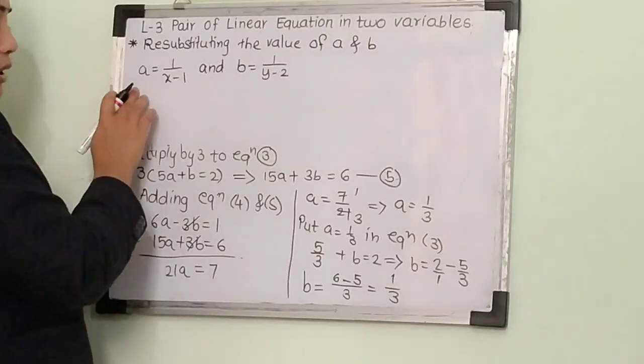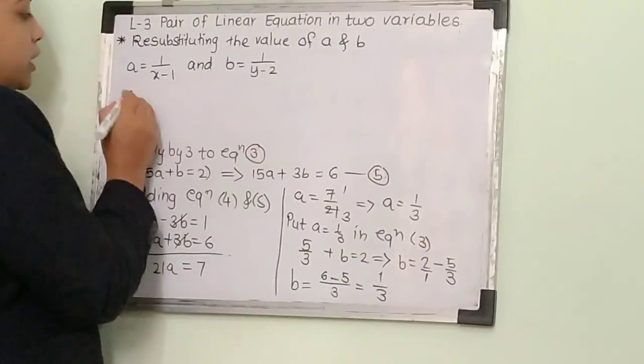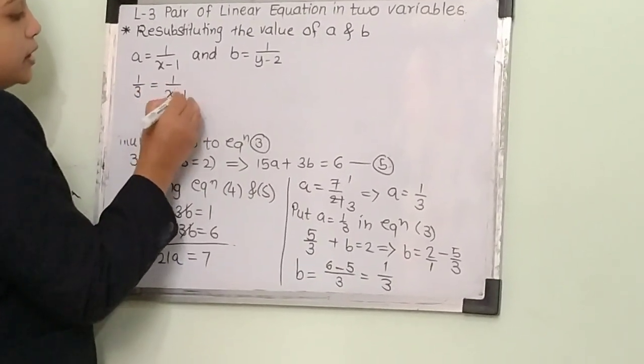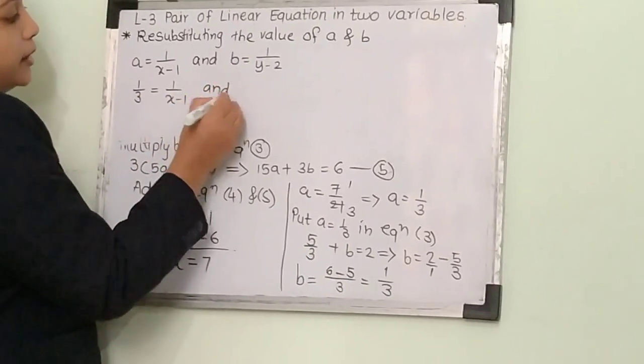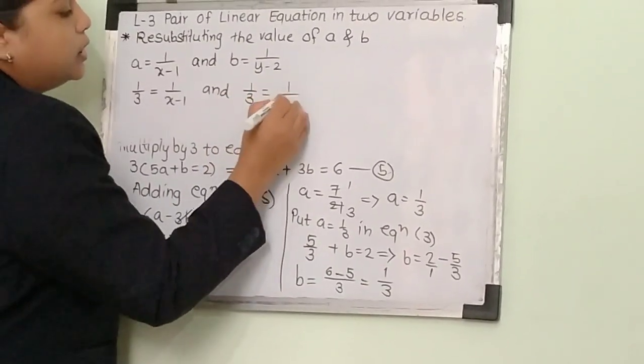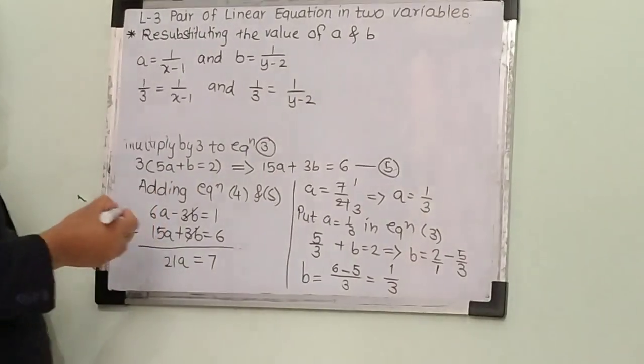But here we get a equals to 1 upon 3 equals to 1 upon x minus 1 and b also we get 1 upon 3 equals to 1 upon y minus 2.